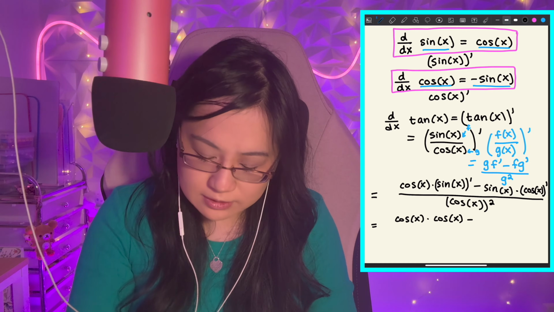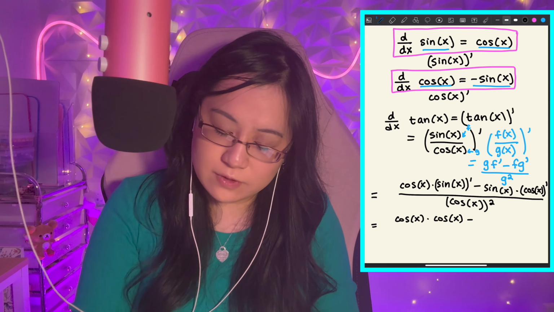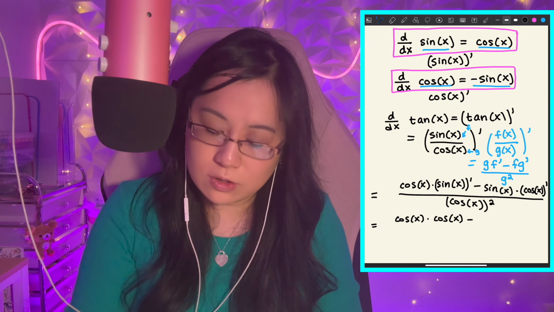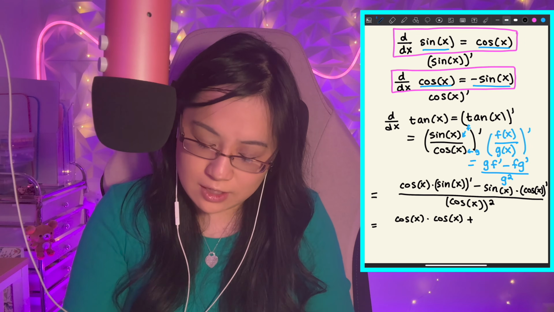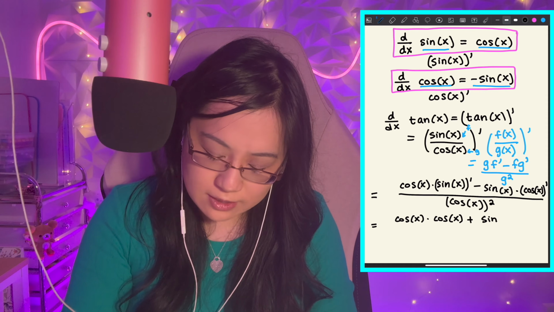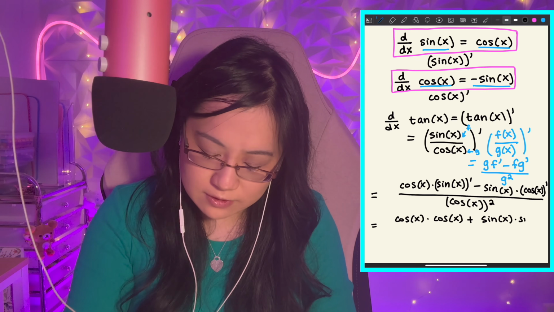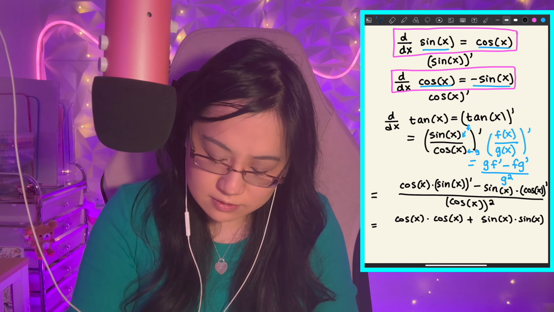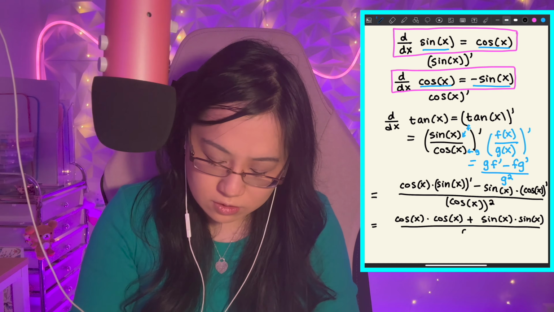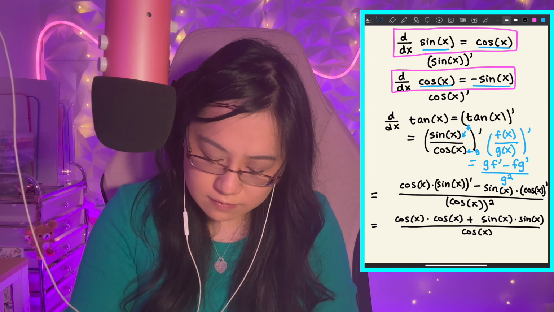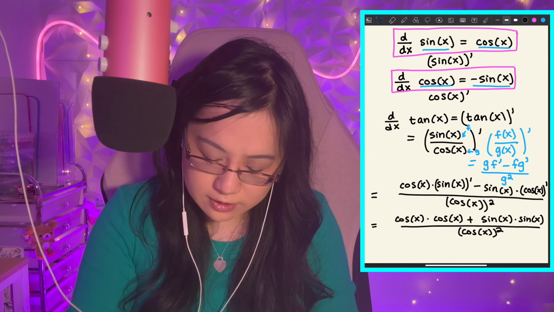Then we have minus sine of x times the derivative of cosine of x, sorry, which is negative sine of x. The negative and the negative cancel. So I have sine of x times sine of x, all over cosine of x squared.